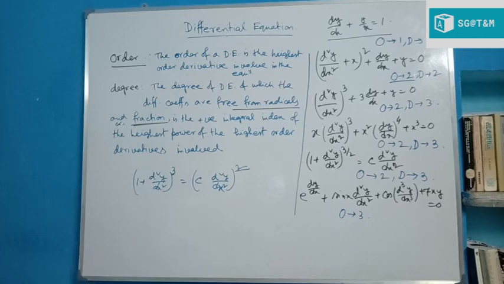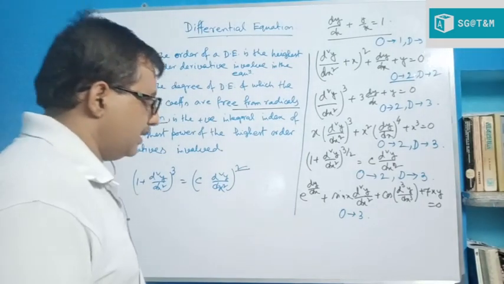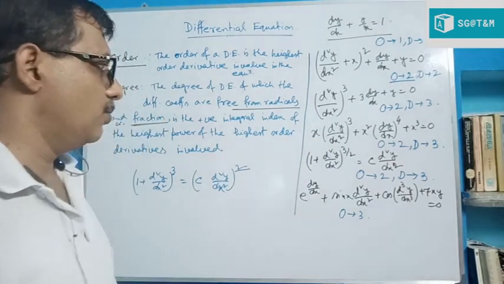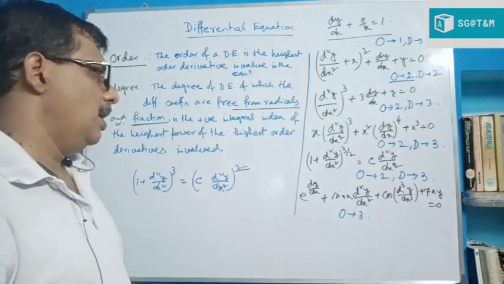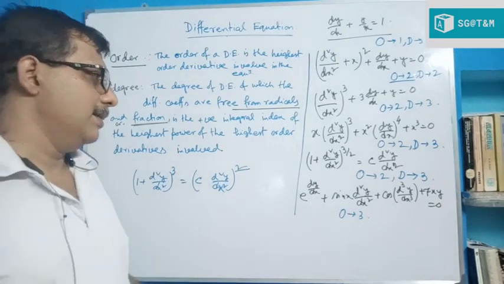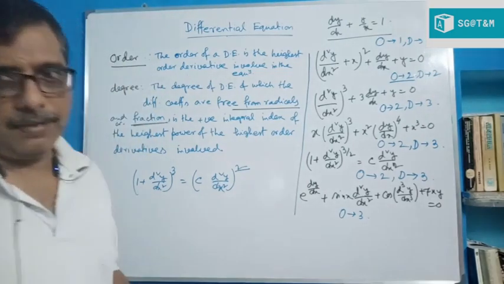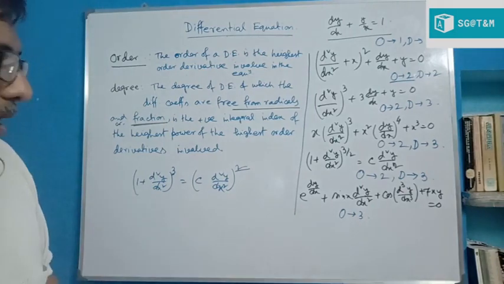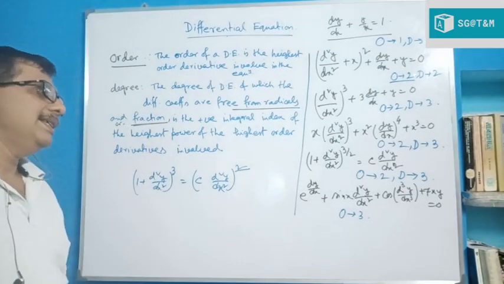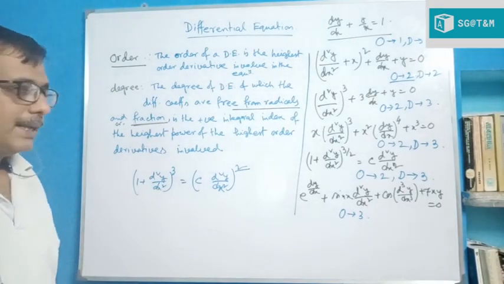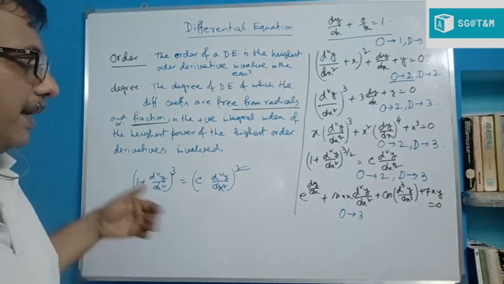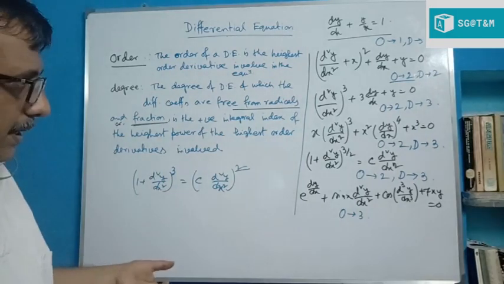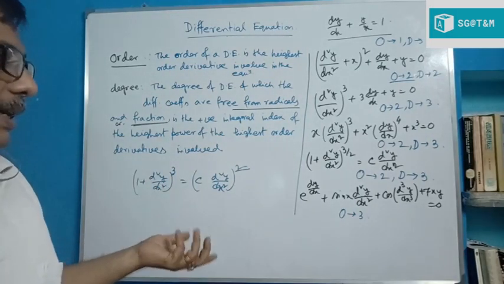And the last question: e to the power dy/dx plus sin x d²y/dx² plus cos x d³y/dx³ plus 7xy is equal to 0. The order of this differential equation is 3, but what is the degree? In this case, this cannot be written in polynomial form of the derivatives, that is d²y/dx², dy/dx or d³y/dx³.